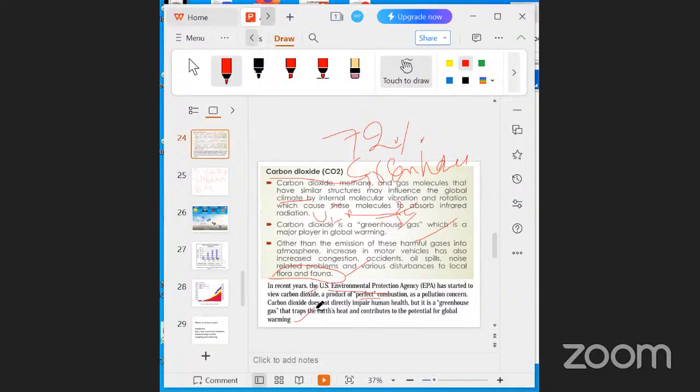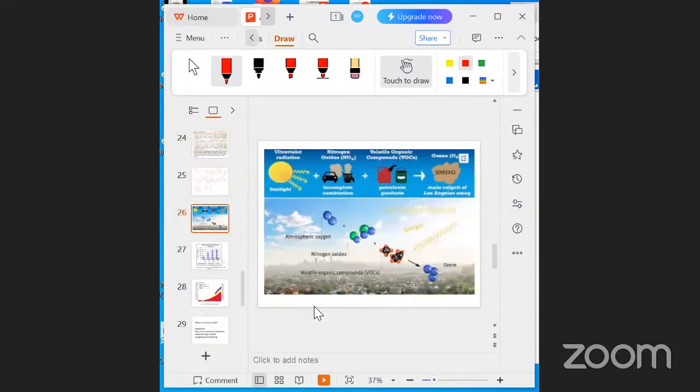You see in this picture, ultraviolet radiation plus nitrogen oxides give rise to volatile organic compounds and smog.